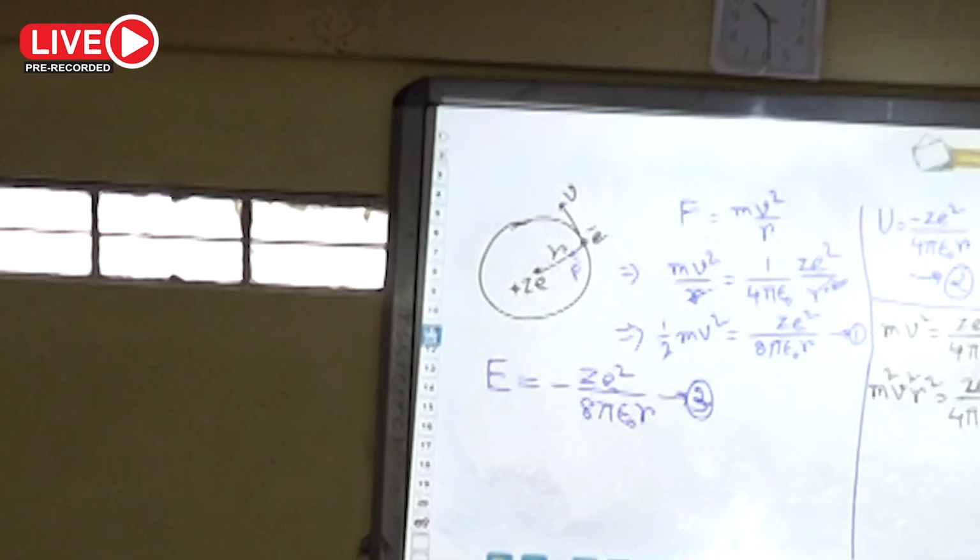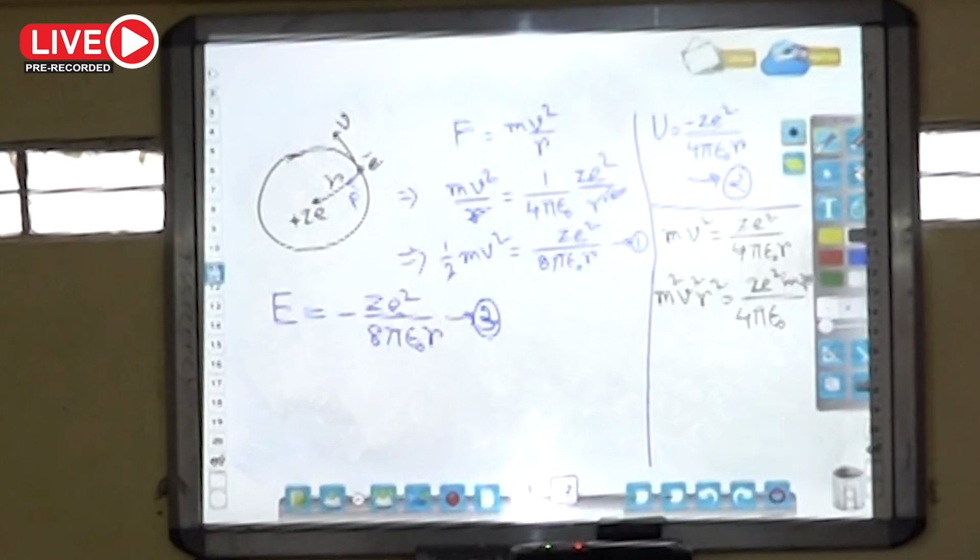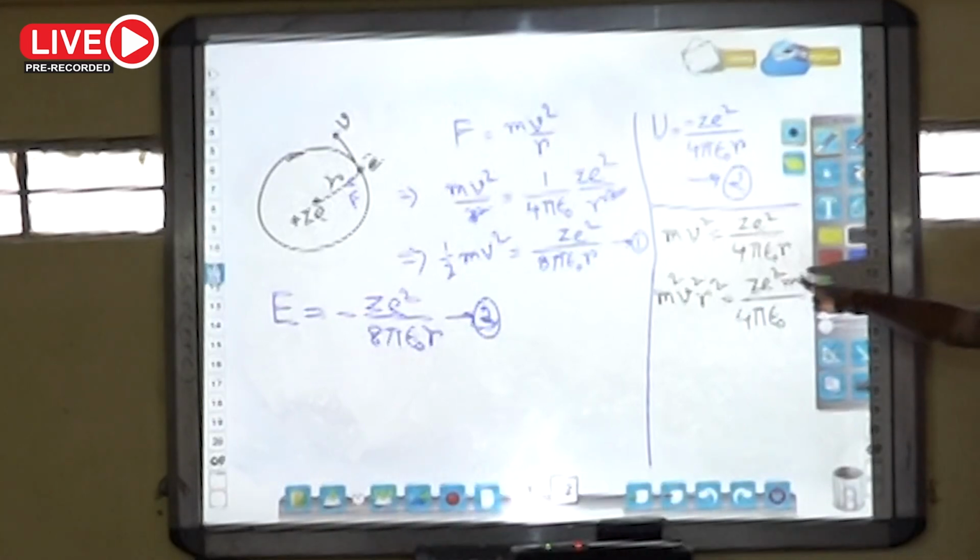So it will be m square v square r square equal to Ze square mr divided by 4 pi epsilon naught, because r square is there, so one r will cancel, it will become r.